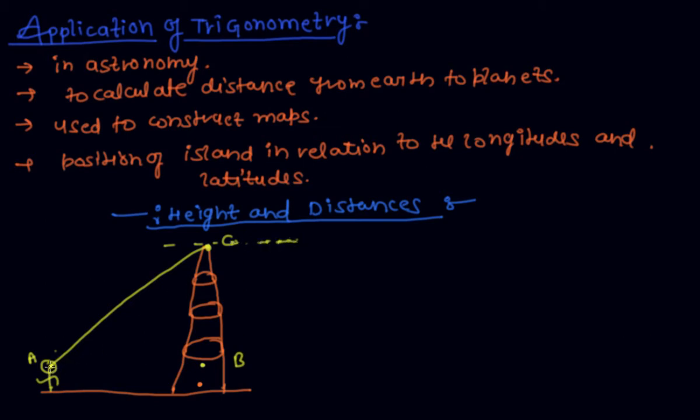The line AC drawn from the eye of the student to the top of the minar is called line of sight.